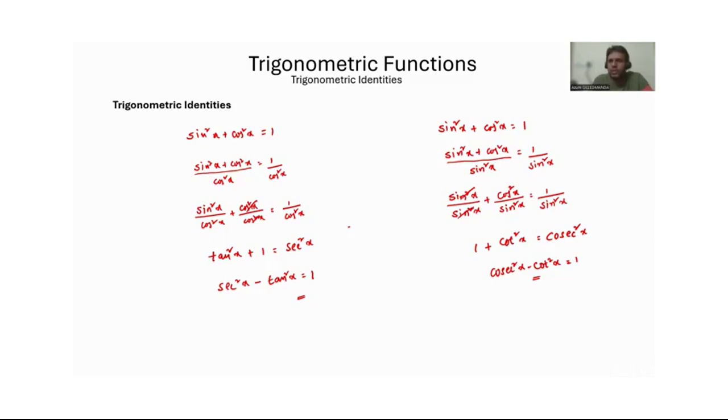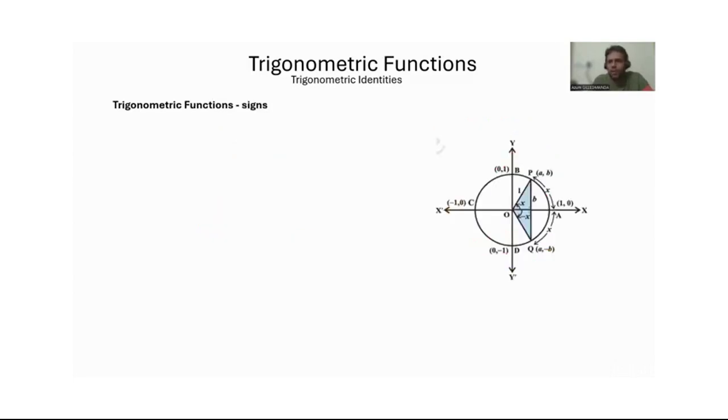And before we get into the problems, let's look at the signs for the various trigonometric ratios. Because in earlier sessions, we learned that anti-clockwise angles are positive and clockwise angles are negative, right?